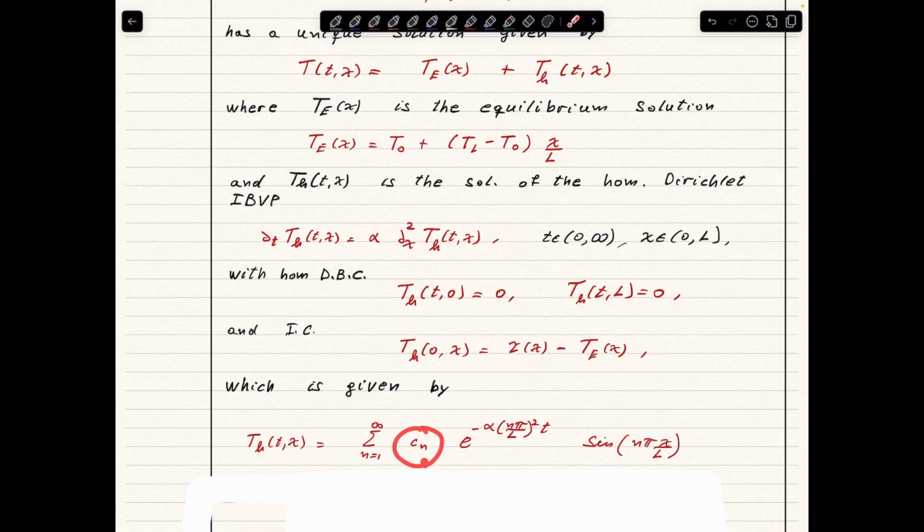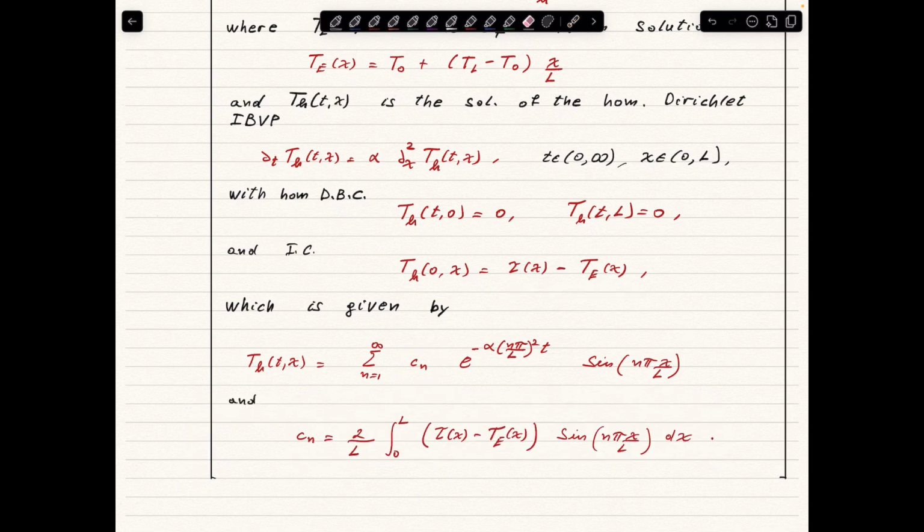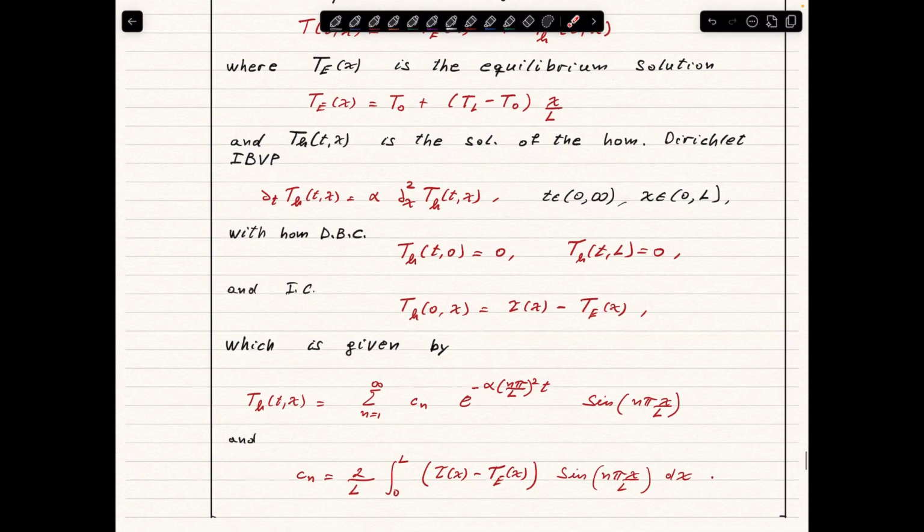And these coefficients are computed in terms of the initial condition for th, which is this function, the translation of the original initial temperature. So the ch are going to be given by this formula, where here you put the initial temperature for th, which is this, multiplied by the sine function. So this is our main result, and now we are going to prove it.